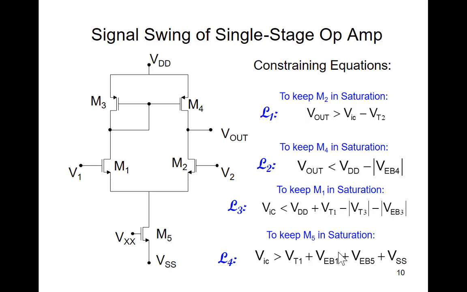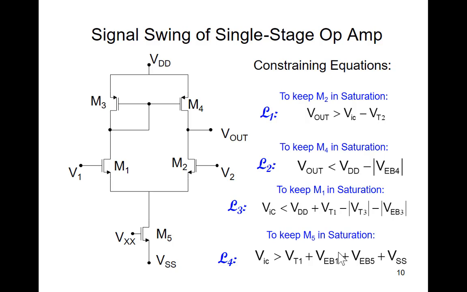And VGS is V gate minus VDD minus VTH. And it's the absolute value of this.